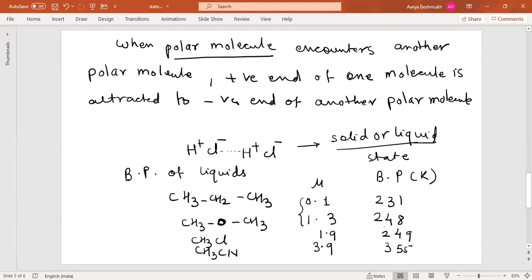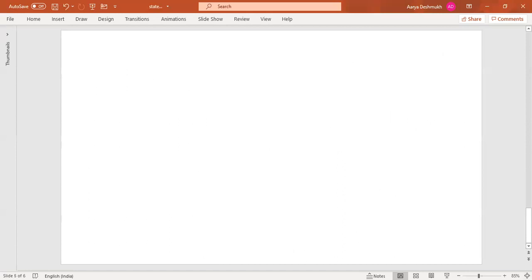This means that as the dipole moment value increases, the boiling point of the liquids also increases. So this is about the dipole-dipole interaction. Now let us talk about the second interaction, that is ion-dipole interaction.